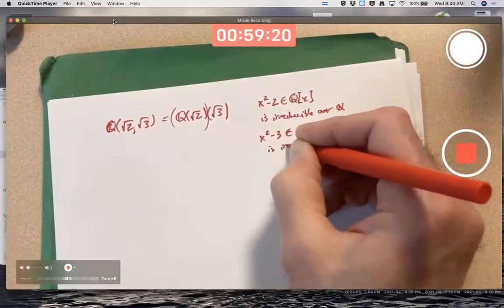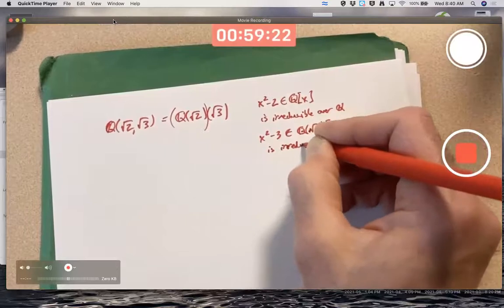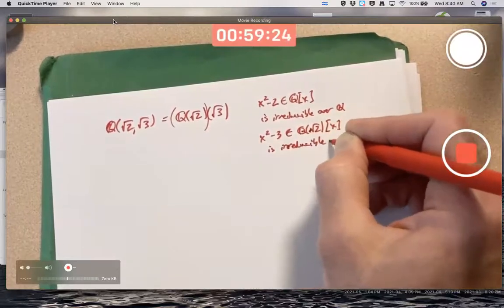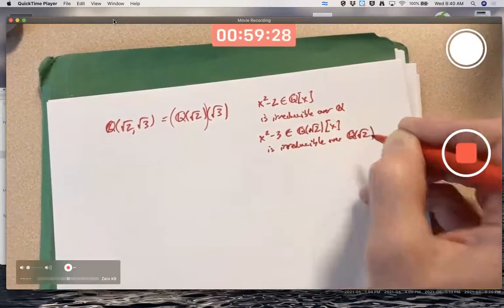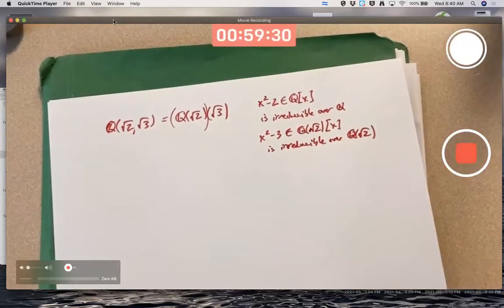It's irreducible over Q adjoin root 2. Though I haven't really proved that.